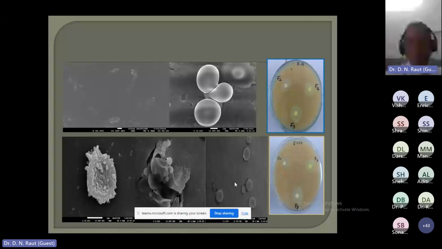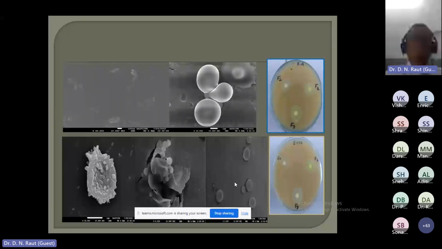So here you see, the first figure indicates the blank formulation which does not have any drug incorporated into it, and when we incorporate drug into it, then it forms at around 10,000 x.